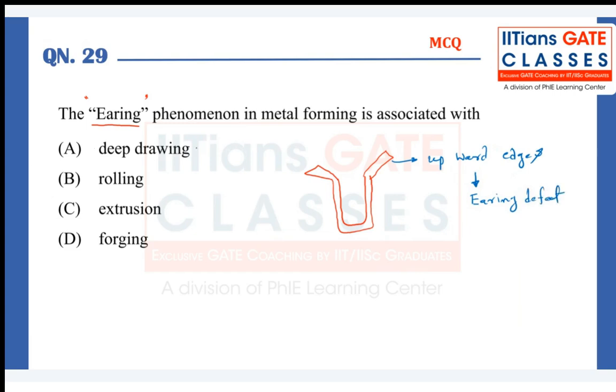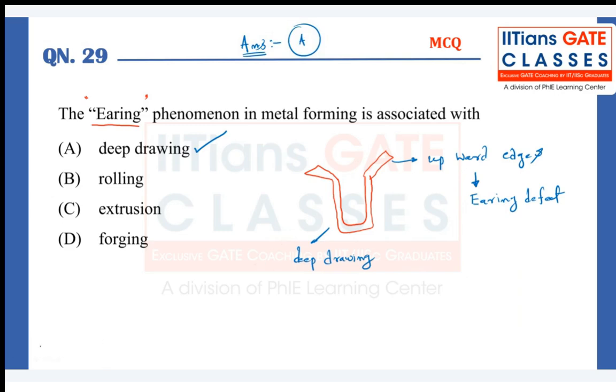So here it comes under the deep drawing component, under the deep drawing operation. Forging, rolling, extrusion are all forming processes. So in forming processes, you will get the earing phenomenon in the deep drawing component only. So now your answer is here. Hope you understand, guys.